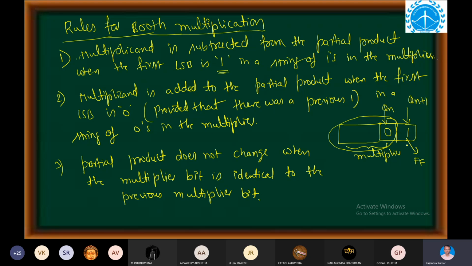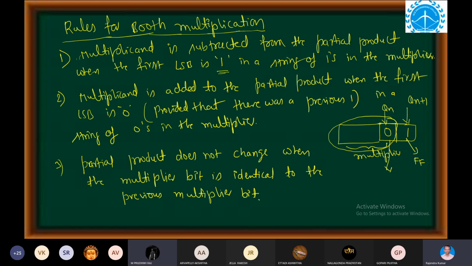That means the present multiplier bit is 0 and the previous multiplier bit is 0, or the present multiplier bit is 1 and the previous bit before shifting is 1. If both are equal, we don't want to do any addition or subtraction. So these are the rules.